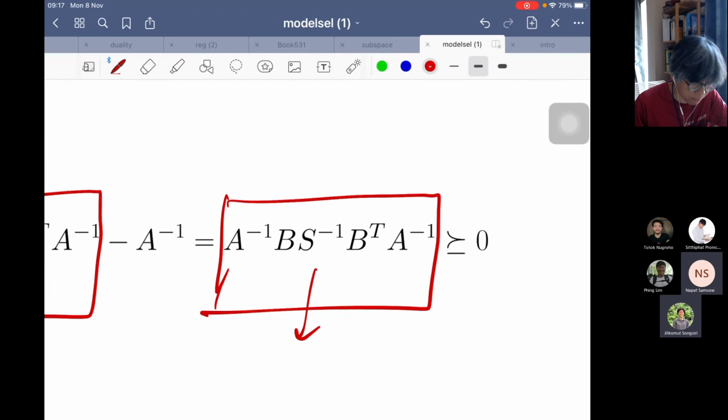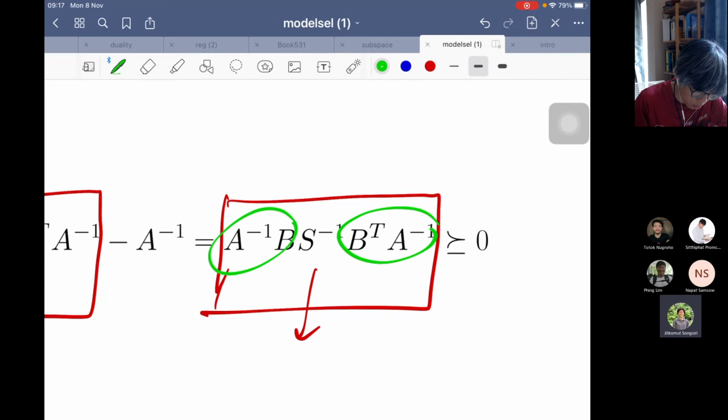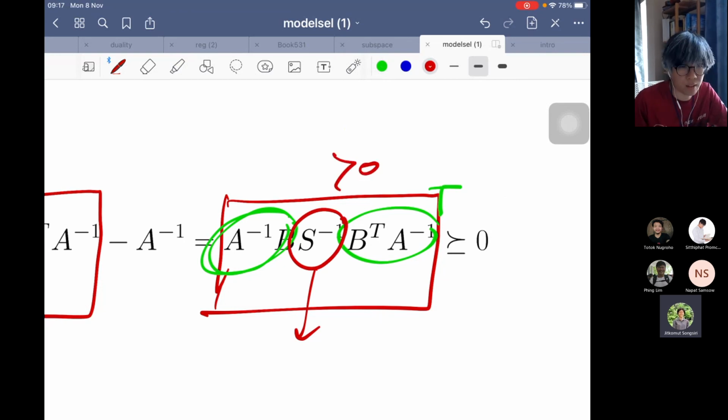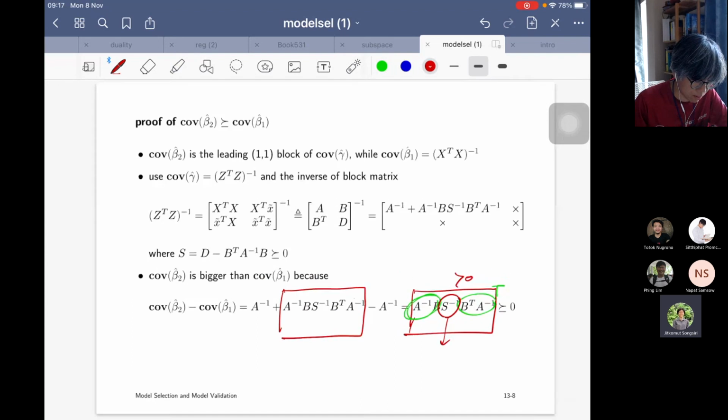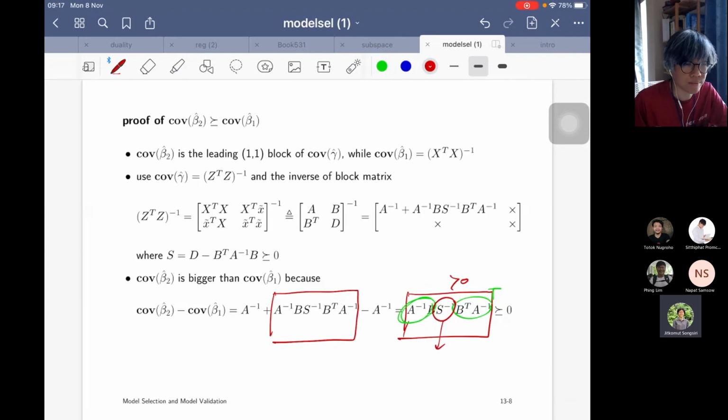Because A inverse is positive definite and this term is in quadratic form. You recognize that this is a quadratic form, right? This is the green thing transpose, parameterized by S inverse, which is positive definite. Then that's the result.